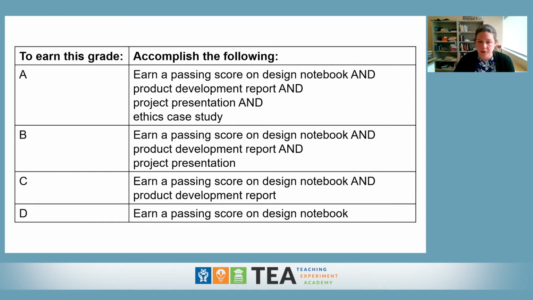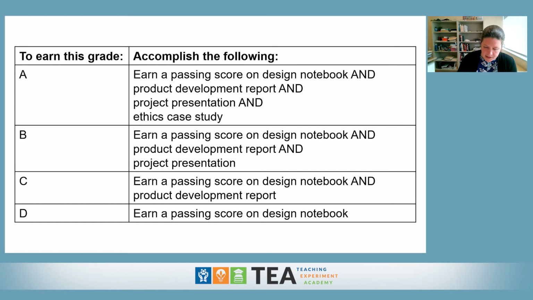So they had to do their team's project report, and then they needed to do their individual design notebook, and then more requirements for B and A. And then we had plus or minus depending on how many of the pre-class assignments and how many of the individual homework assignments they did. So if they did nearly all of them, there was a plus. If they did less than about half of them, it was a minus.